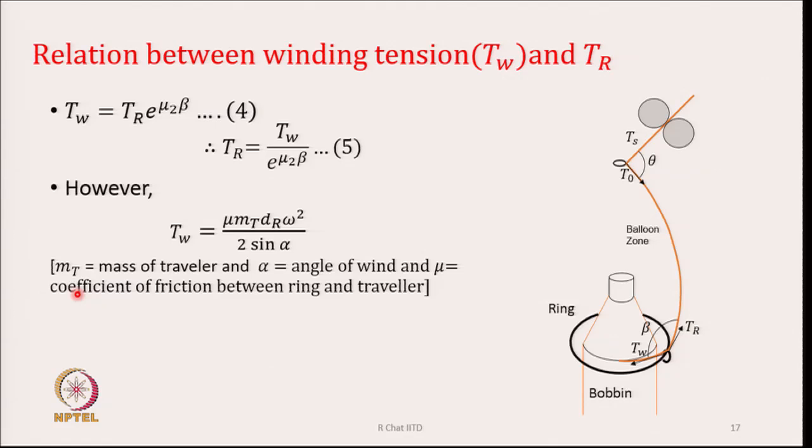So the traveler weight comes into the picture. Winding tension is very much dependent on the value of mu, the weight of the traveler, omega, and the angle of wind, which keeps on changing. At the minimum diameter, the angle is small; at the maximum diameter, the angle is more. That means the denominator part keeps on changing as the ring rail moves up and down.